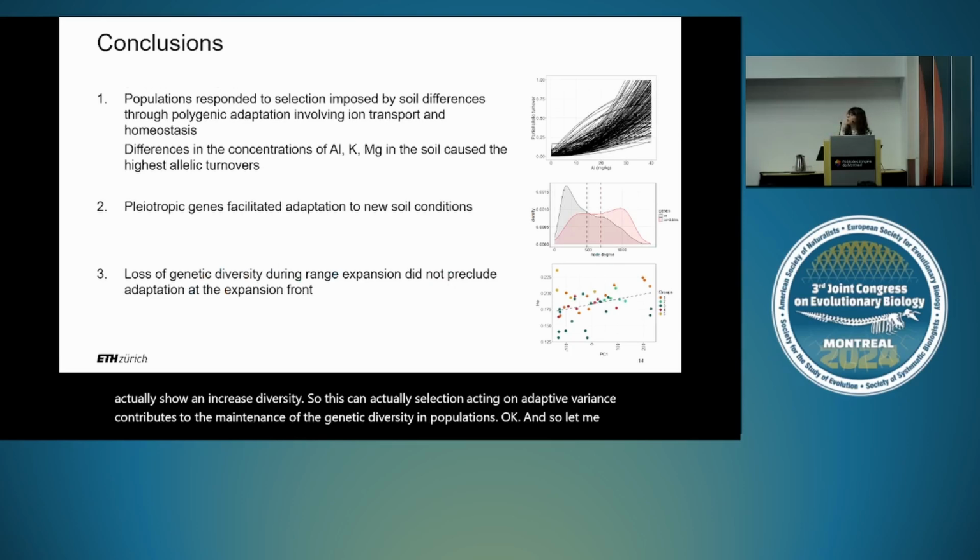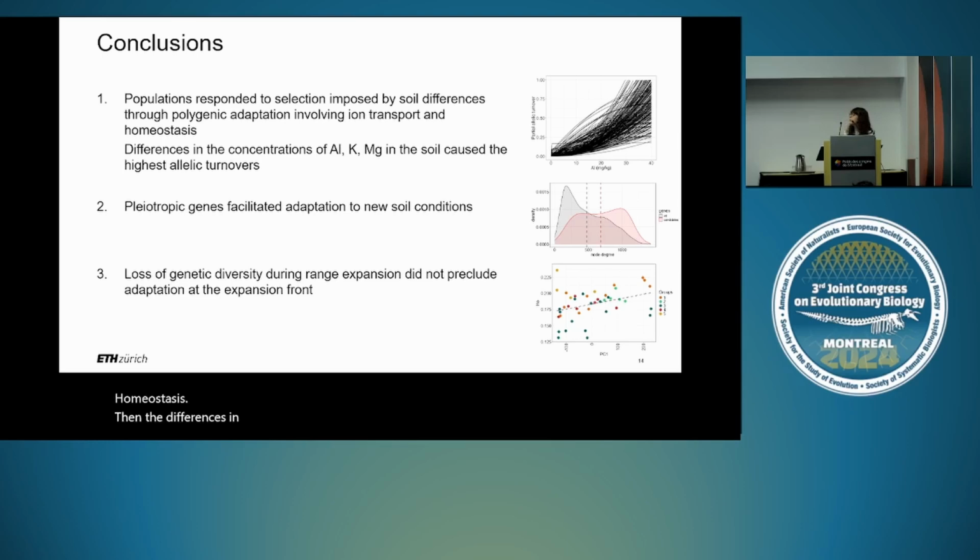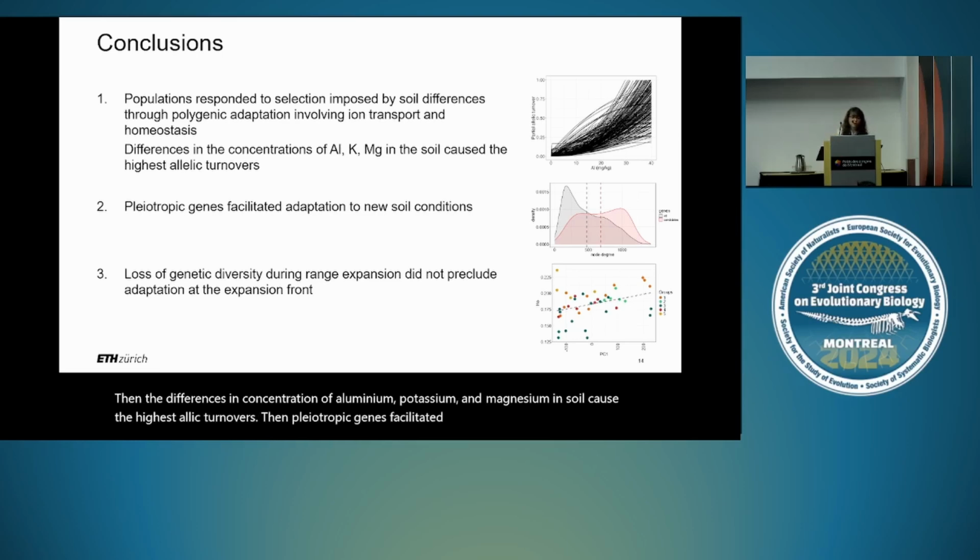Okay, so let me conclude. I showed you that populations responded to selection imposed by soil differences through polygenic adaptation involving ion transport and homeostasis. Then the differences in concentration of aluminium, potassium, and magnesium in soil caused the highest allelic turnovers. Then pleiotropic genes facilitated adaptation to new soil conditions.